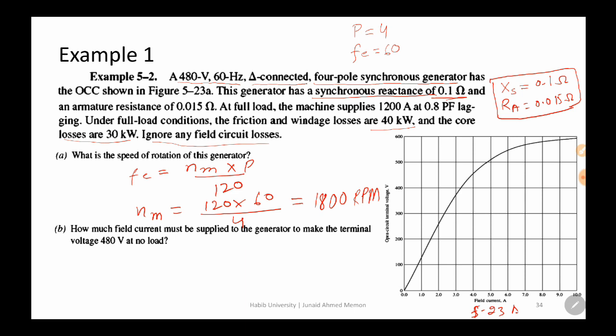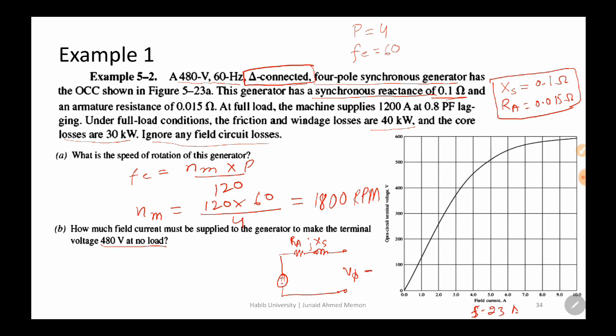So let's see the second question: how much field current must be supplied to the generator to make the terminal voltage 480 volts? So let me remind you, what do we mean by the terminal voltage? We have a synchronous generator, and this is the open circuit voltage, and this is your equivalent circuit with RA, XS, and this is your V phase. This is a per phase equivalent circuit, and we have a delta connected load.